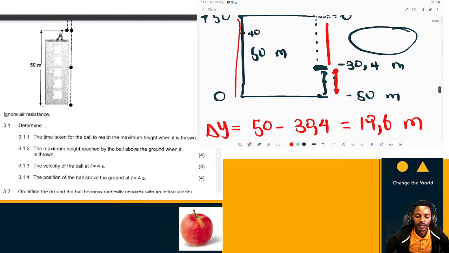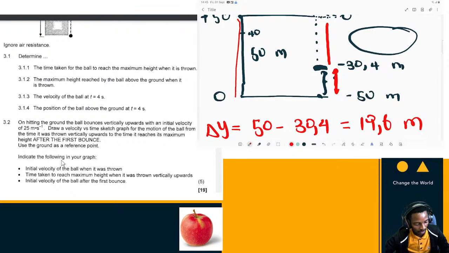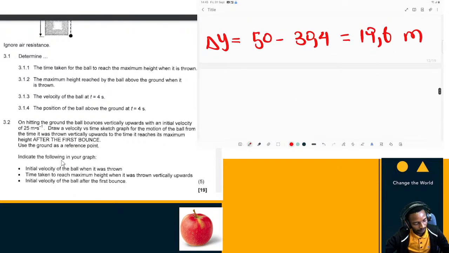All right. On hitting the ground, 3.2, the next question. On hitting the ground, the ball bounces vertically upward with an initial velocity of 25 meters per second.